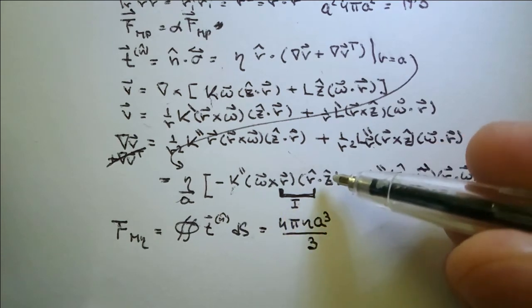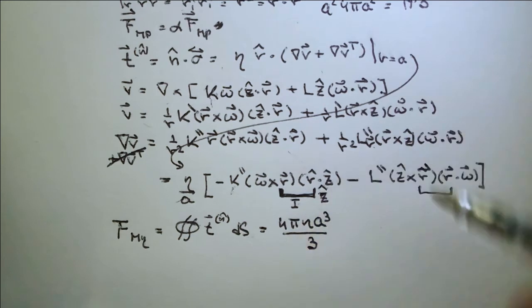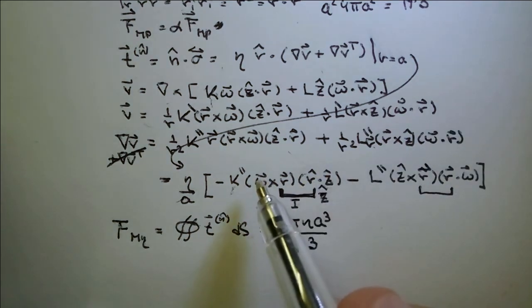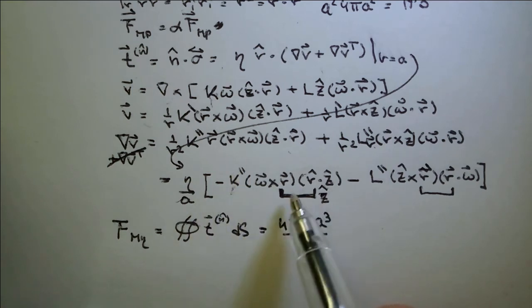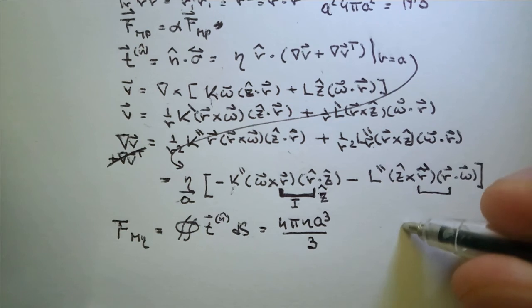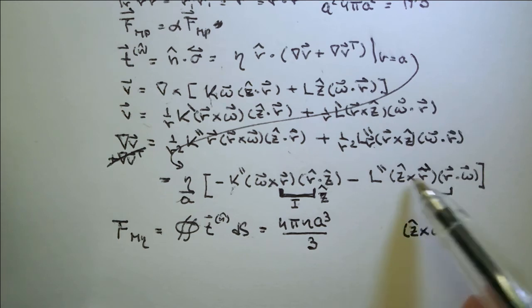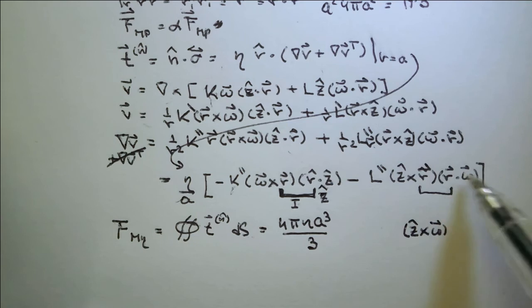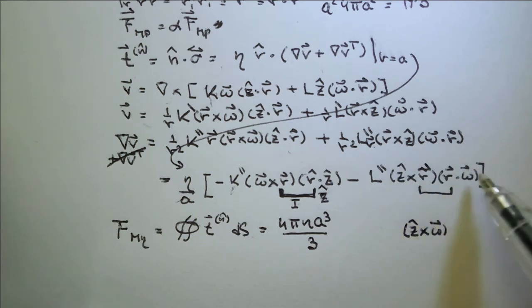Identity dot z is just z hat, and the cross product is omega cross z hat. You can switch these two and write it in the order z hat cross omega, so it's right away z cross omega vector.